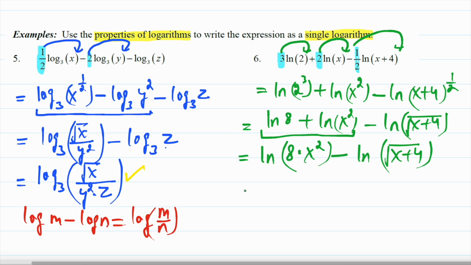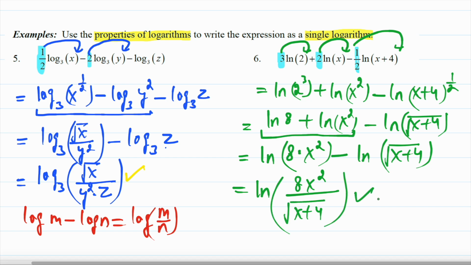Then this is log m minus log n, and we can use the opposite of the second property, which will be log of 8x square in the numerator, and in the denominator you have square root of x plus 4. And this is the answer to this question. What we did is reduce this expression to a single logarithmic expression, and that's your answer to question number 6.